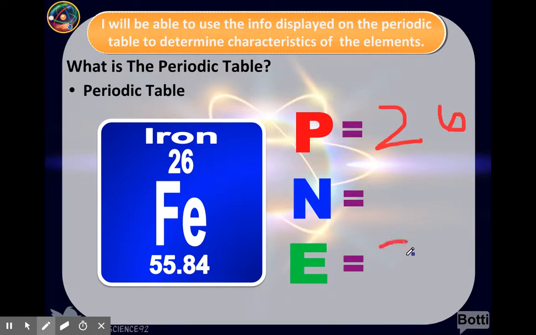And so we're going to have the same number of electrons, 26. Then we're going to subtract the atomic number from the mass, which is going to give us 30, because we're going to round 55.84 up to 56, which will give us 30.